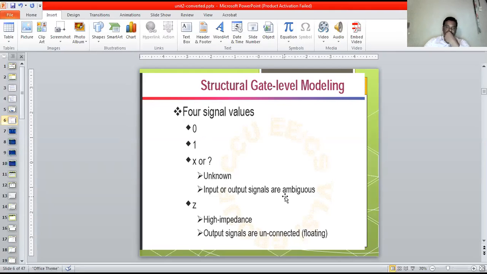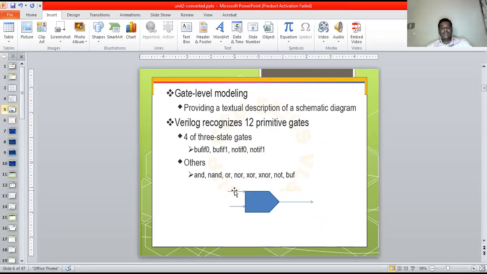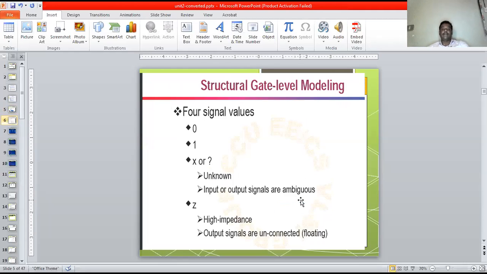And Z is known as the high impedance value, for output signals that are unconnected or floating terminals. These are the different types of signals to be considered at the input signals as well as at the output terminals here.